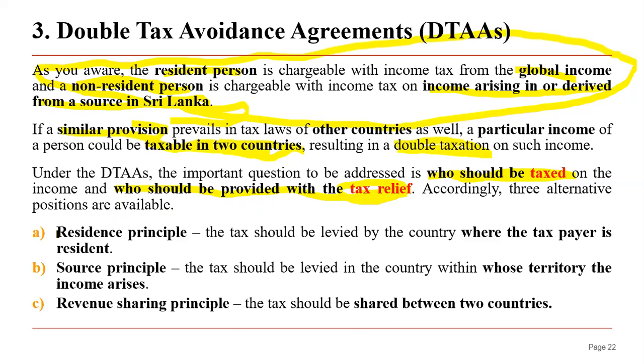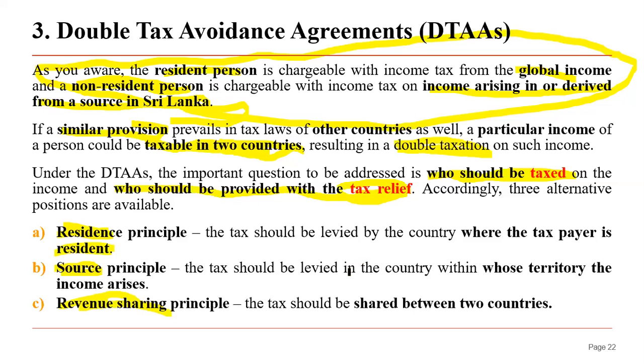The first one is the residence principle, the other is the source principle, and the other is the revenue sharing principle. The resident principle is that tax should be levied by the country where the taxpayer is resident.